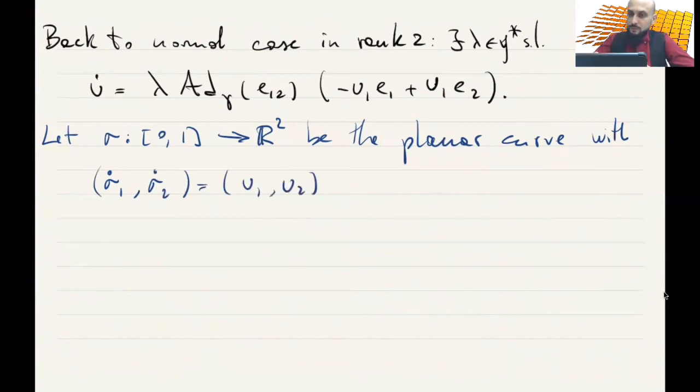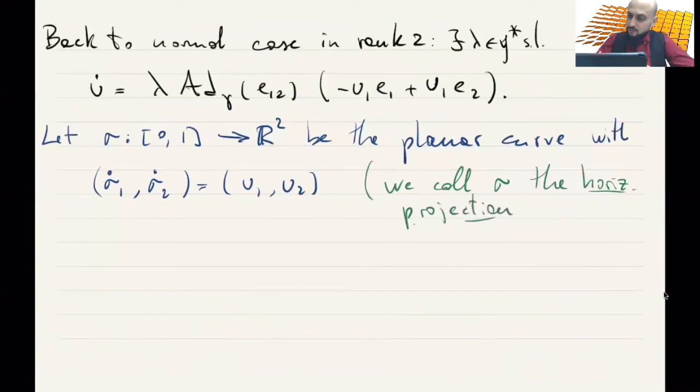We call this curve sigma the horizontal projection of gamma. Okay, so now we have this curve associated to gamma and to u.